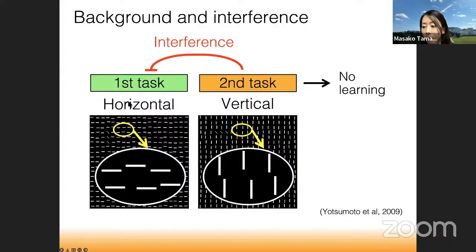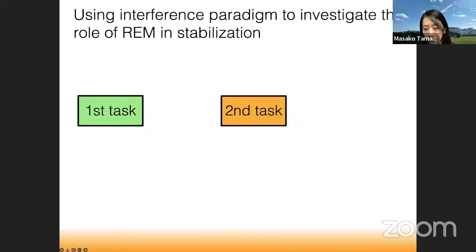This interference occurs because learning on the first task is still fragile, and it takes some time to be stabilized before training on the second task.